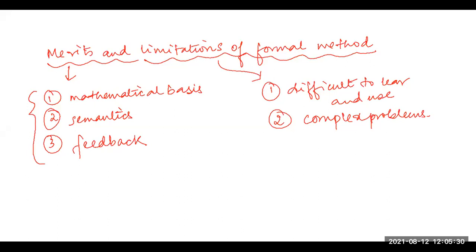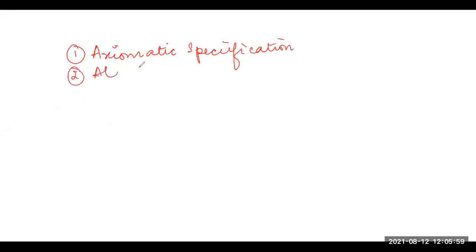Now under this property oriented approach, two specification styles are there. One is axiomatic specification. Another is algebraic specification.